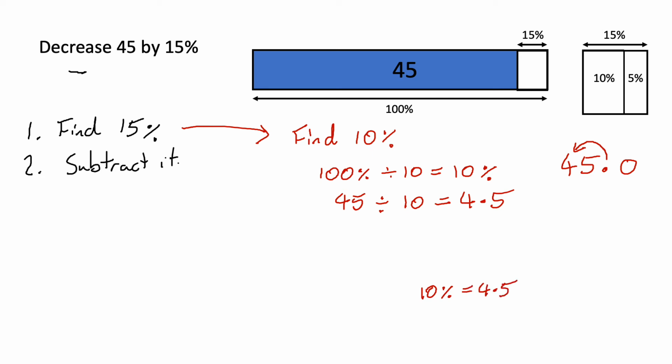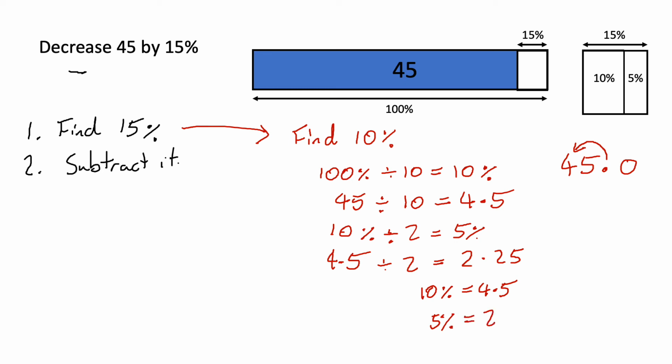And then for 5%, what we want to do is divide it by 2. So 10% is 4.5, and we want to divide that by 2. That's going to give us, after the decimal place, 0.25, and then before the decimal place, 2. So 5% is 2.25.